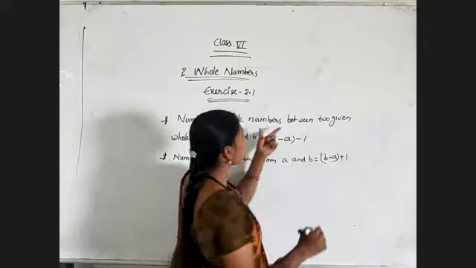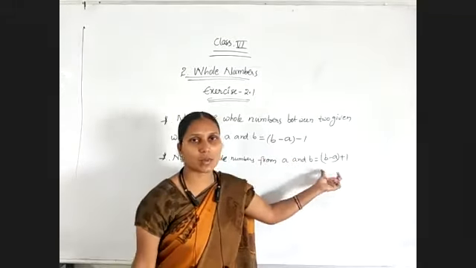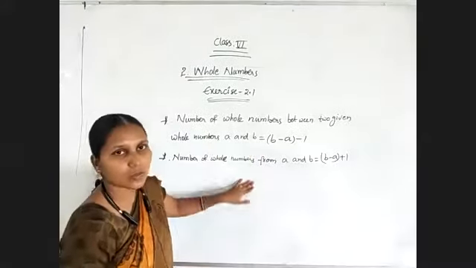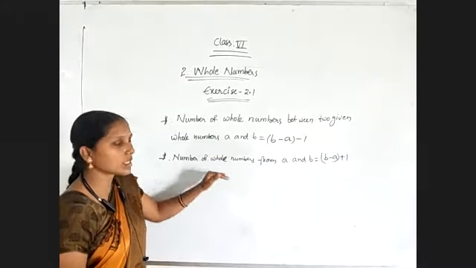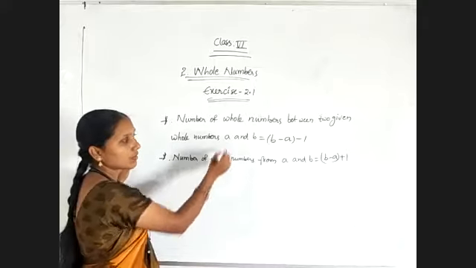When between is given, you need to use this formula. When from is given, you need to use this formula. Yesterday I explained very clearly. You need to remember these two formulas. For that sake only I am explaining again, revising the formulas. These two formulas are very, very important.